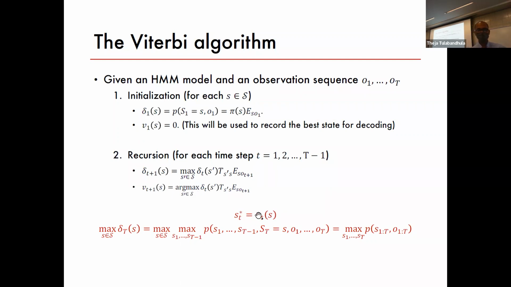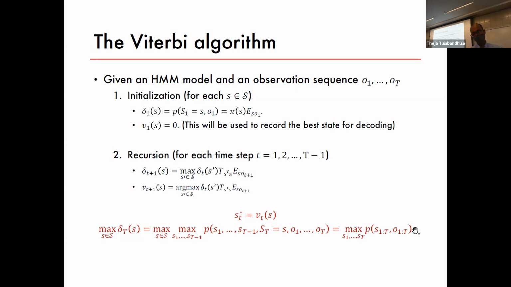So v subscript t of S, whatever value it takes, is going to be our state value, and the maximization over S of delta T of S explicitly gives us exactly the maximization of our state values given the joint distribution between the states and the observation.